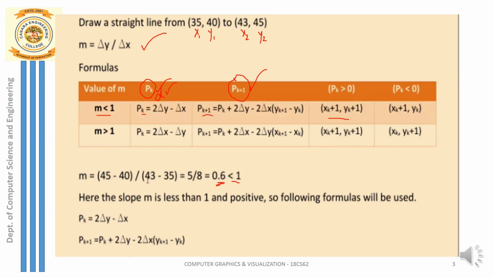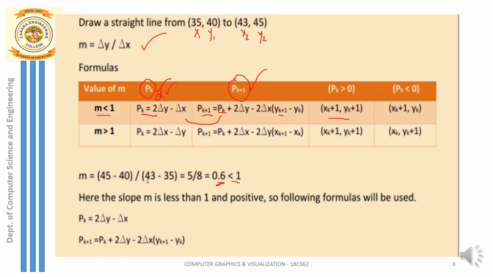This formula is used to calculate the first decision parameter, and there is one more formula to calculate the next decision parameter, which is given by pk plus 1. It is equal to the previous decision parameter, the pk that you have just calculated, plus 2 delta y minus 2 delta x, multiplied by yk plus 1 minus yk.